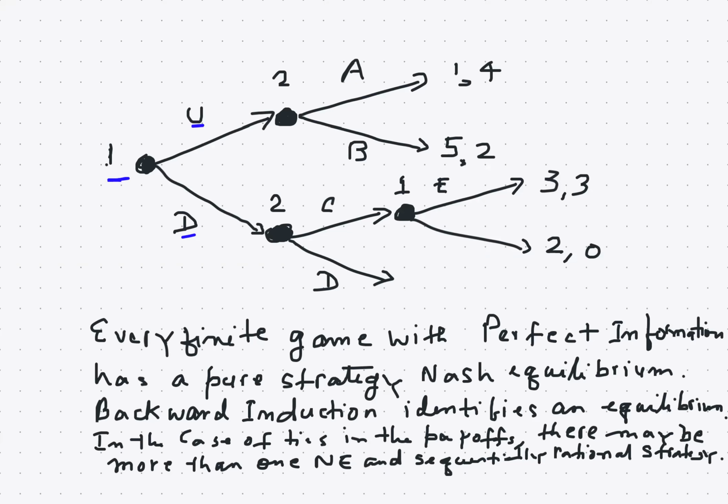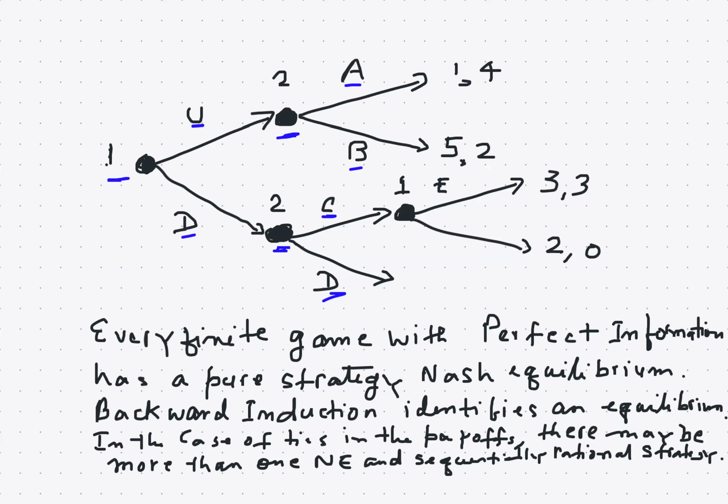Player 2 has 2 decision nodes, an upper node and a bottom node, one for every action of player 1, and has 2 strategies at every decision node. At the upper node it can choose A or B, or at the bottom node it can choose C or D.